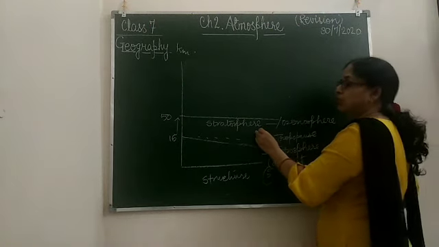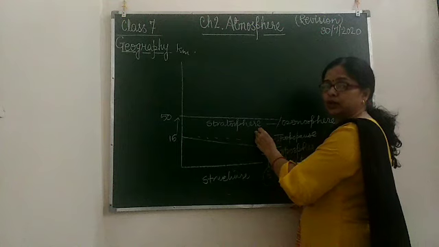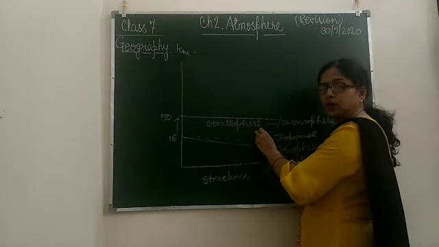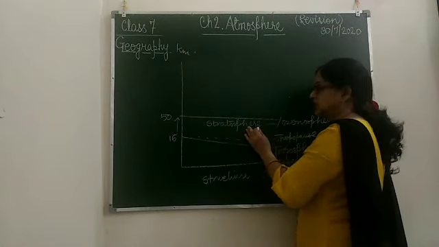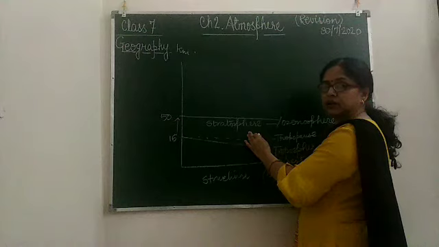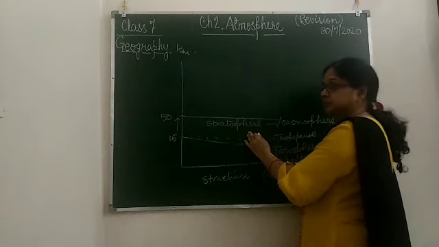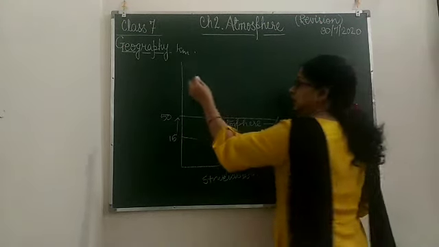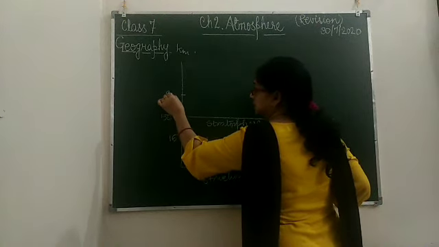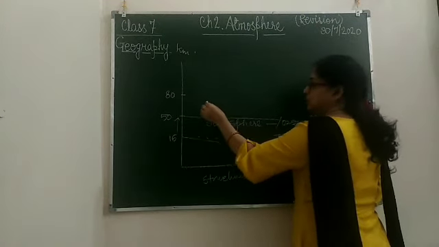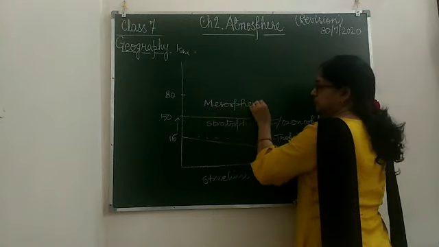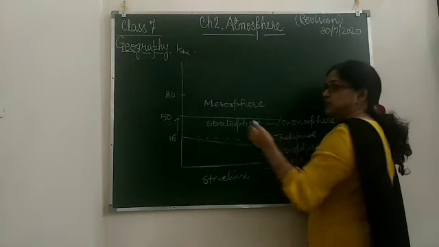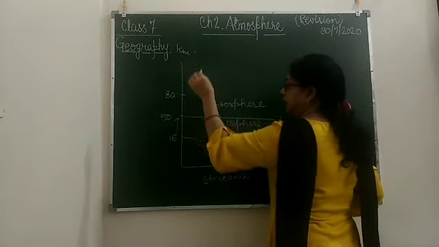Here we do not find any weather related phenomena. No weather related activities take place in this layer. Therefore, this is the best layer for the aeroplanes to fly. The next, third layer is the mesosphere, whose height varies from 50 kilometer to 80 kilometer.